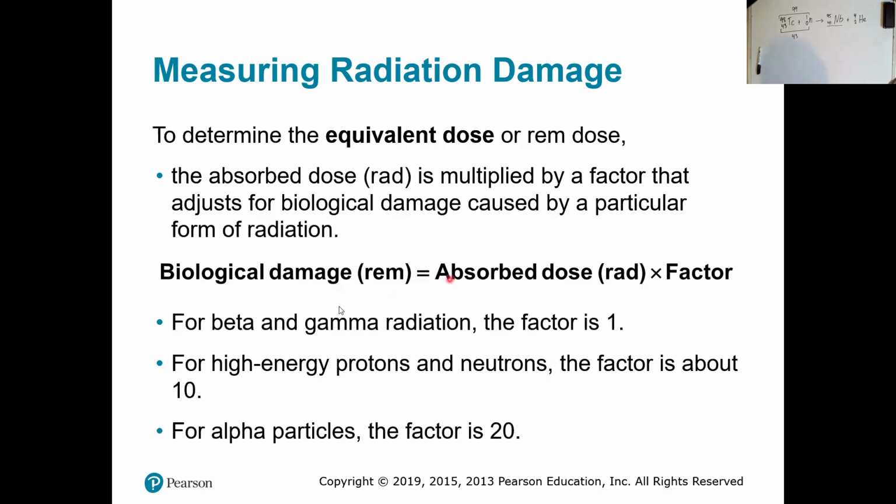To calculate a REM value, you take your absorbed dose, which is your RAD, and multiply it by a particular factor, and that factor is linked to how damaging that radiation is going to be. For things like alpha particles, the factor is super high because if you do absorb alpha particles, the effect on your body tissue and organs is catastrophic.